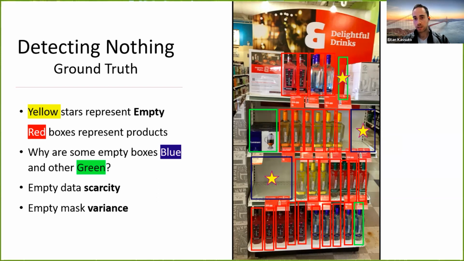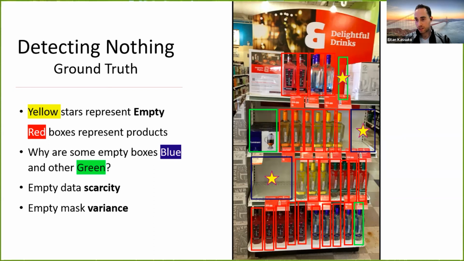So that results in data scarcity for this class. In addition, we have quite high variance in the empty bounding boxes because empty spaces can change in dimensions all the time. So this presents various different issues as well.